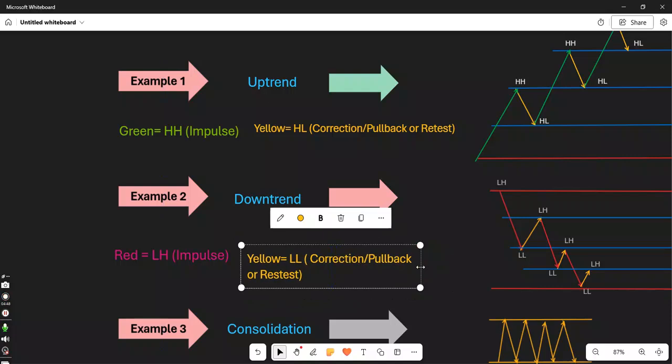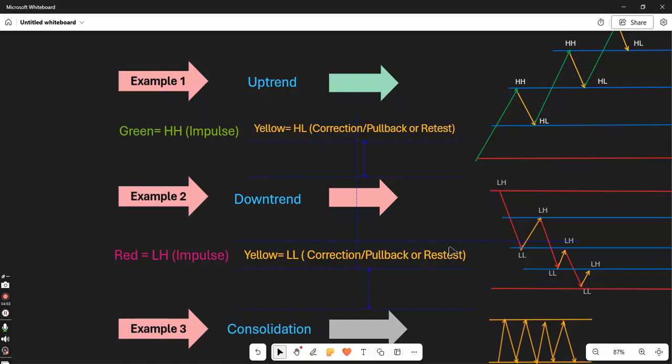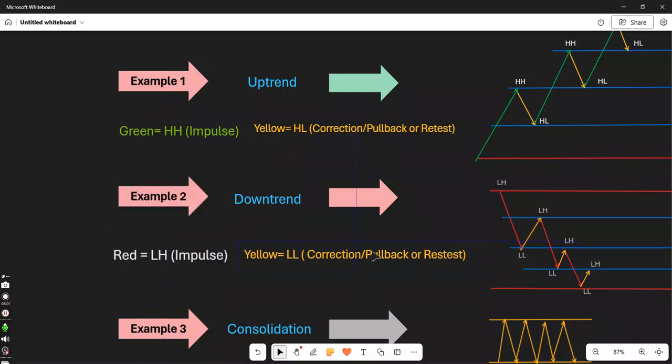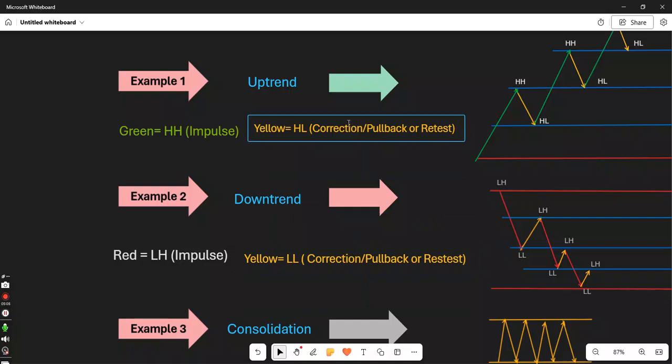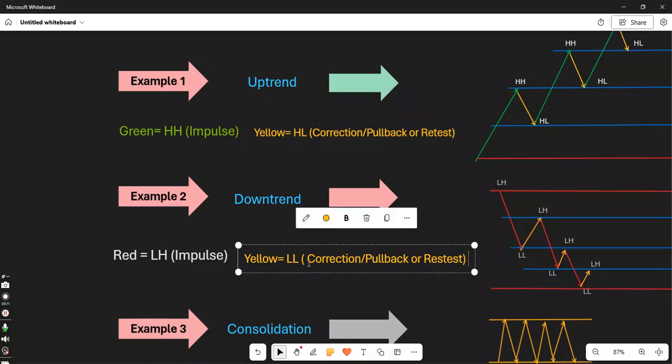Whatever vocabulary sticks to you and works for you, that's what you go with. You don't have to think too hard when it comes to this. There's no need to think hard with this stuff because it can get confusing, because everything pretty much is the same thing in so many words. So anyway, you have correction, pullback, or retest.